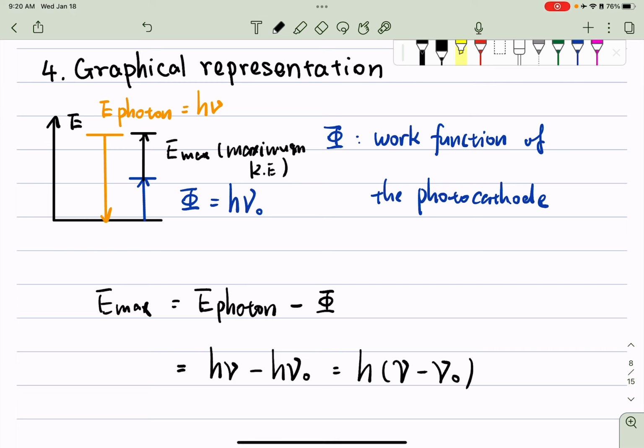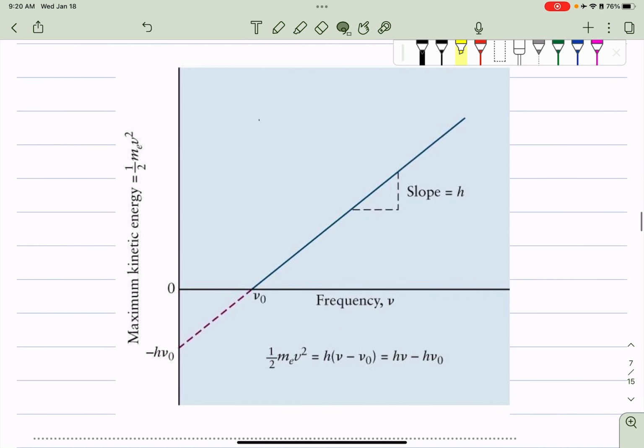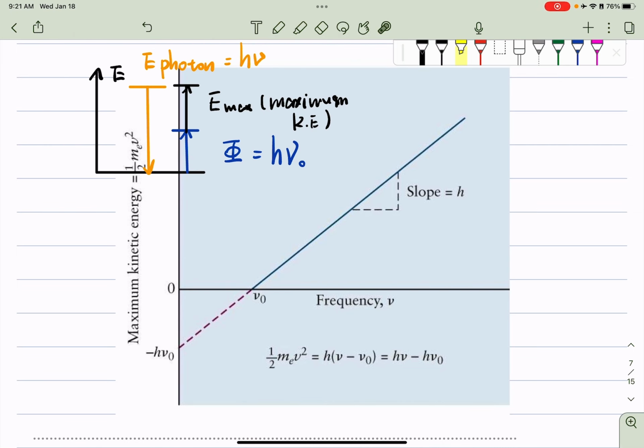All right, so going back to what we're observing in the photoelectric experiment, I'm just going to copy this figure out, and we look at the actual observation again. Before, when mu is smaller than mu naught, it means that each photon doesn't carry enough energy to bypass that work function.